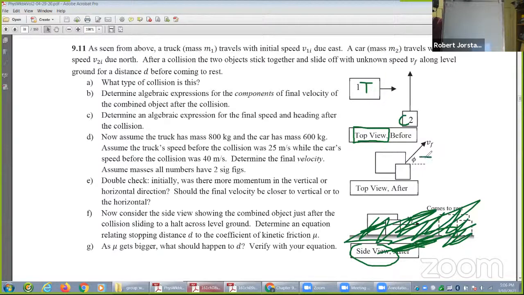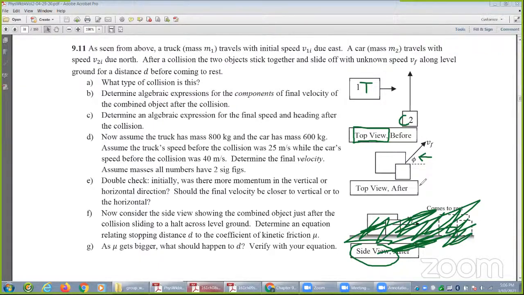Here's my question for you. Do you think this angle is going to be 45 degrees, above 45 degrees, less than 45? What does your intuition say? Less. Okay, and why is that? The bigger truck is gonna have the most momentum, so it's gonna continue straight. Interesting.